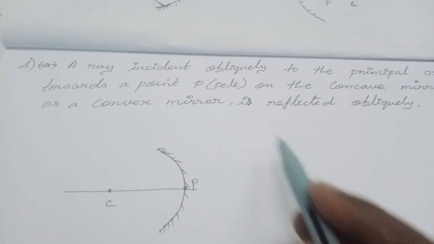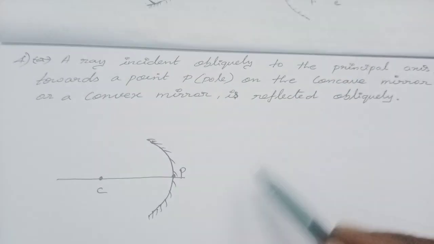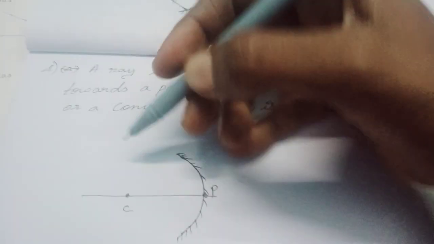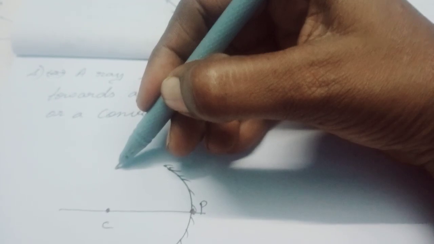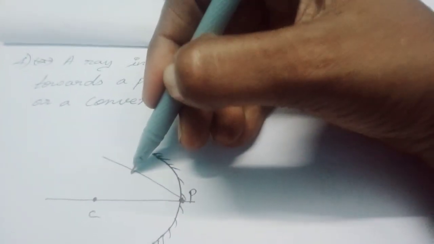Now the incident ray: the ray incident obliquely to the principal axis towards a point P, that is, the ray should be incident to the point P, that is the pole. So you have to draw the incident ray like this. The incident ray falls on the point P, that is the pole.